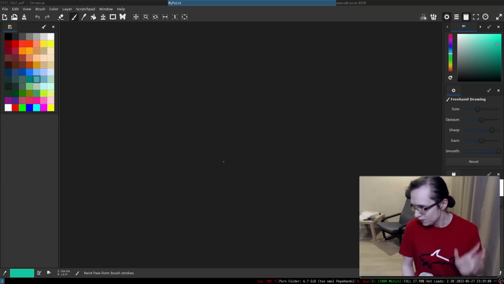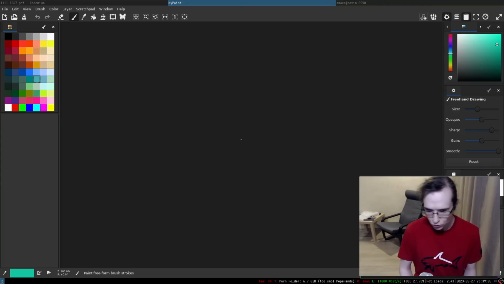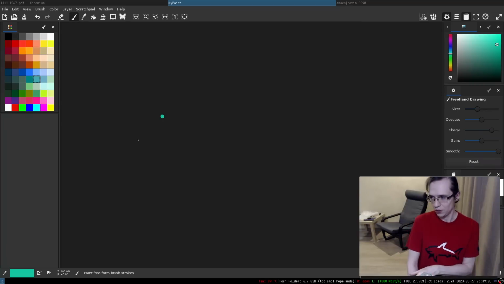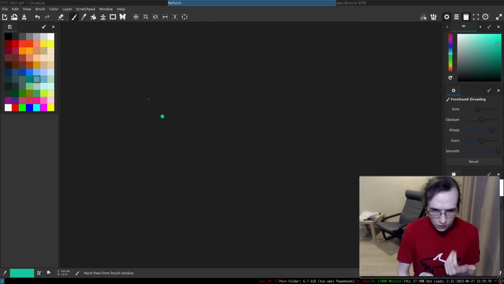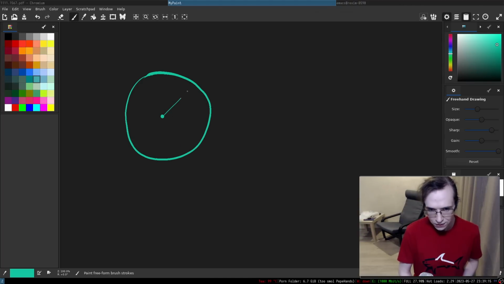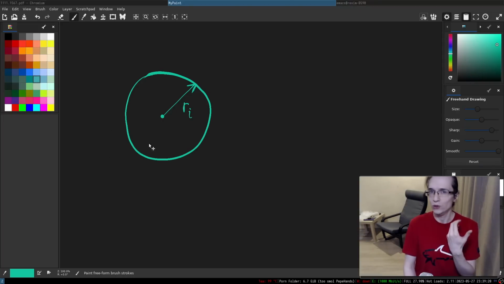So imagine that this is an infinite board of a smooth life, and we're trying to compute the next state of that specific point. Essentially we look at the circle around this thing, and this has a radius called Ri, which is the inner radius of the ring.